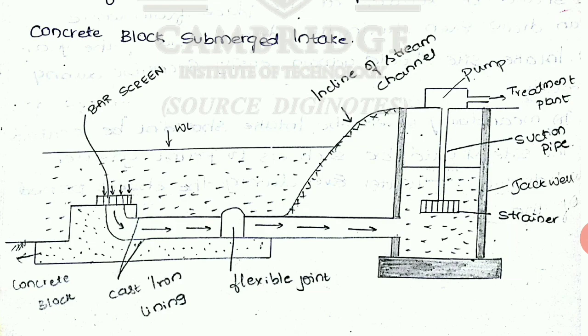Basically, for water supply we need a source. The source should yield good water. It may be a surface water or groundwater source.